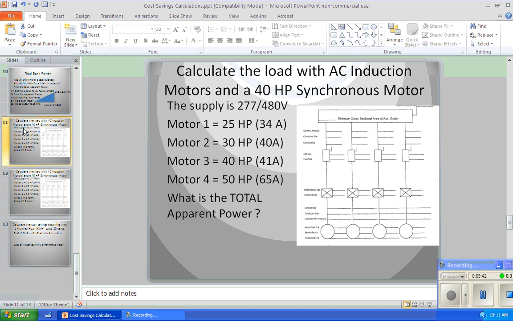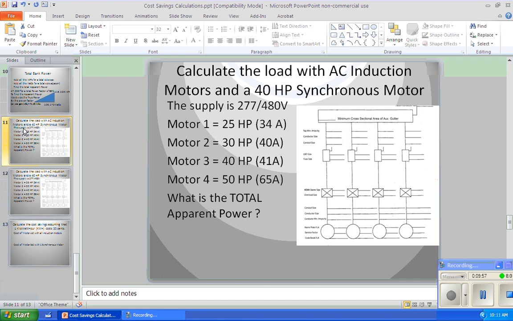What it's going to do to our calculations is this motor has negative VARs, basically. It has VARs that are leading instead of lagging, because before we were calculating all lagging.